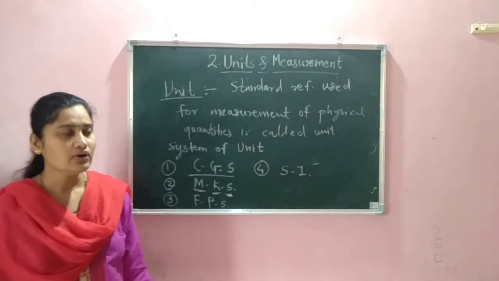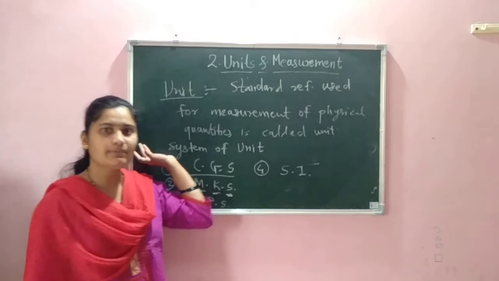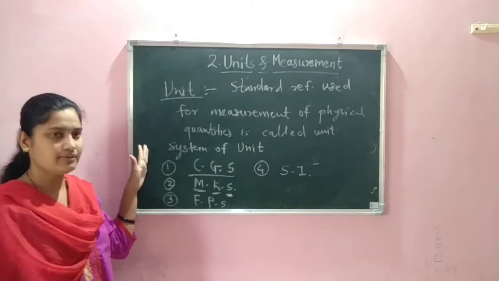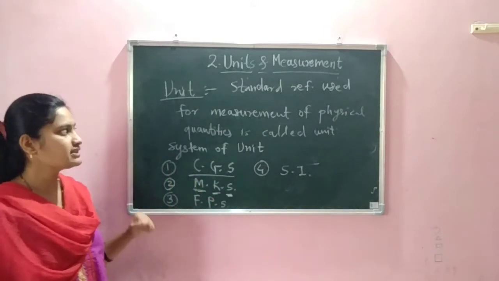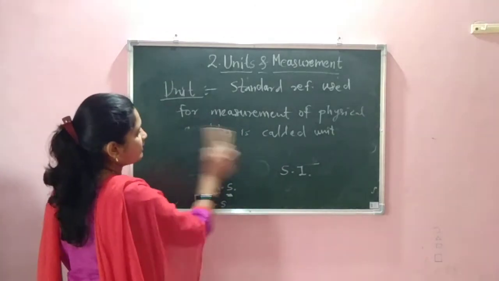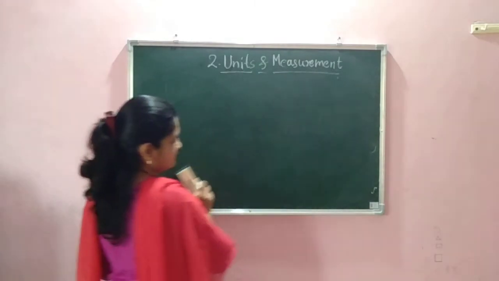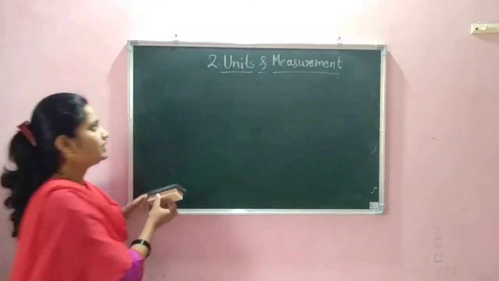So we have to know these four systems of units: CGS, MKS, FPS and SI. In a system of units, fundamental units and derived units are present. First we will discuss the fundamental units. I have already told you there are 7 fundamental quantities, so let us discuss their units.